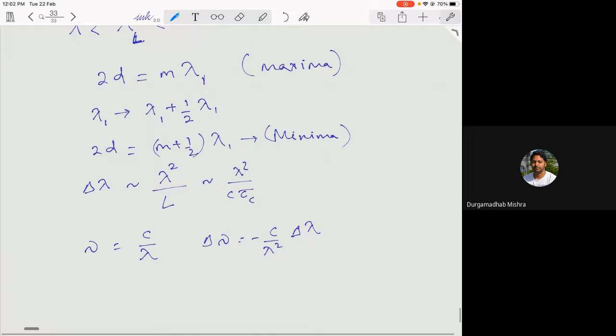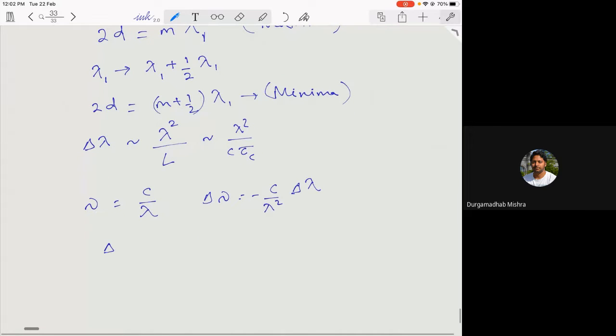You can write delta nu by nu, which will be proportional to 1 by tau c. This defines the purity of your spectra, and this is known as spectral purity.